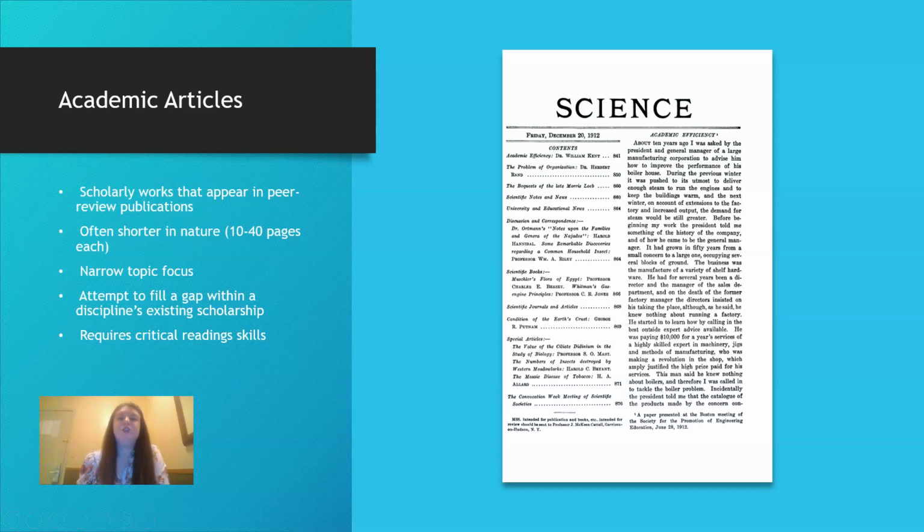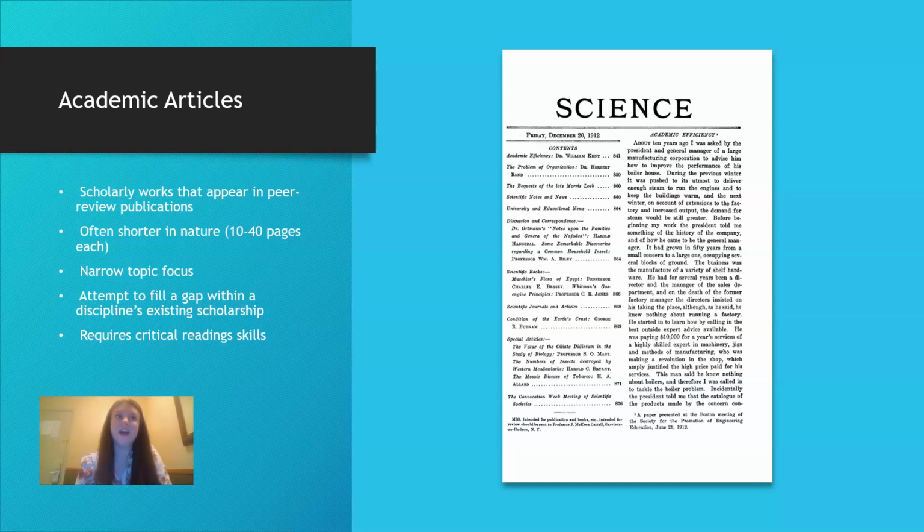Academic articles. This term should be familiar at this point in the semester because we did take time to carefully discuss what is a scholarly source versus what is a popular source. An academic article would be considered a scholarly source and fits very well under that umbrella. These are works that appear in peer-reviewed publications.